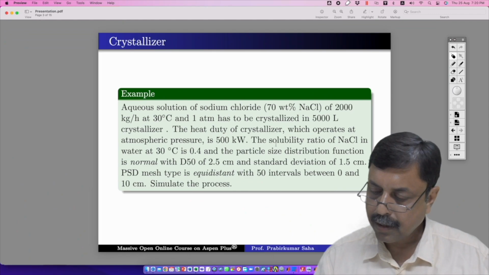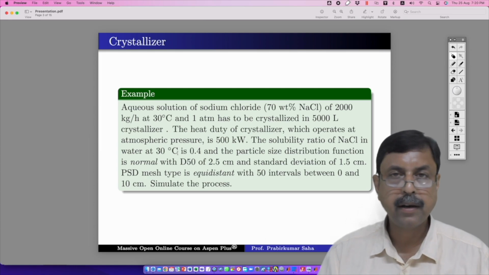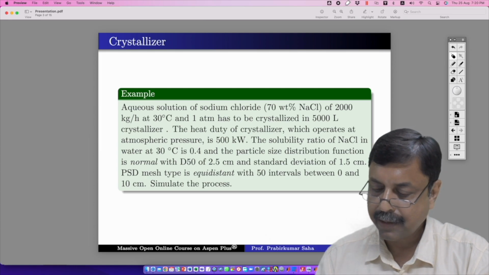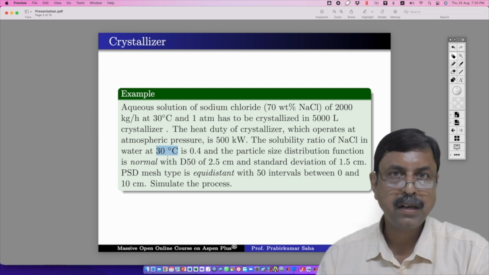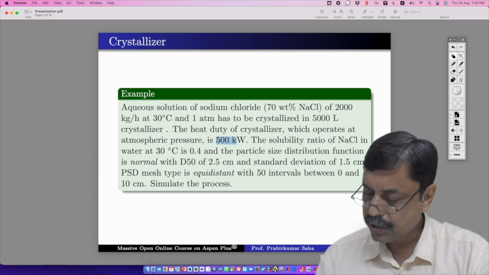Actually, it is not operating at 30 degrees. It is operating at 500 kilowatt heat duty, so we have to give this information. Our system is not actually operating at 30 degrees centigrade, so the solubility ratio at 30 degrees will not hold over here. So we have to give some extra information.